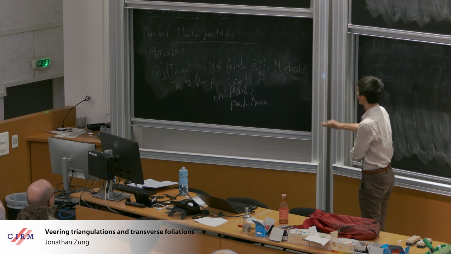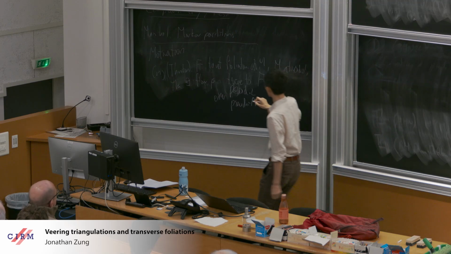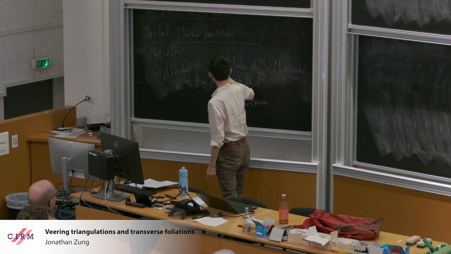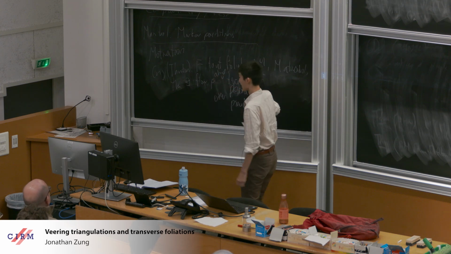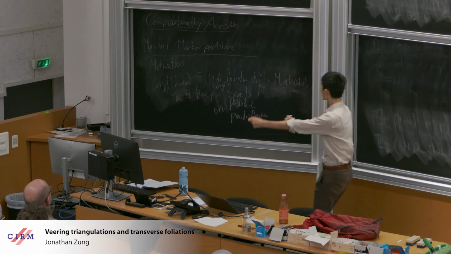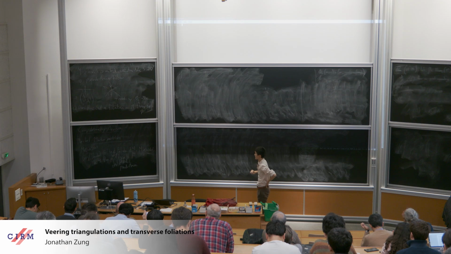As written, this isn't quite correct. There's another adjective you have to put in here, almost transverse. But let's just forget about this almost for now. So foliations give rise to pseudo-Anosov flows.